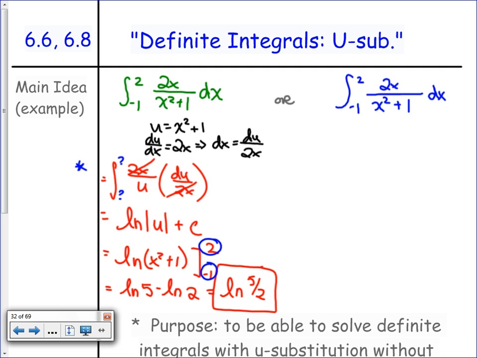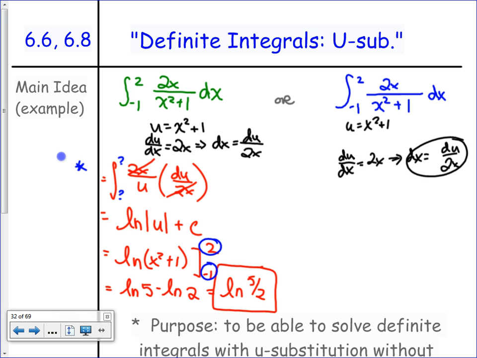So, what would change if I said, hey, a definite should always be definite? I would still do that. I would still do that. But I would also do this.